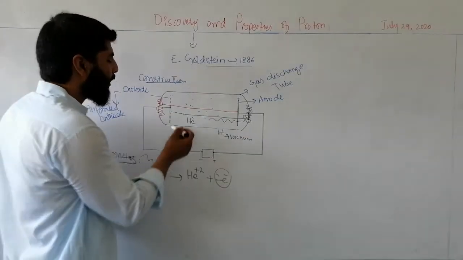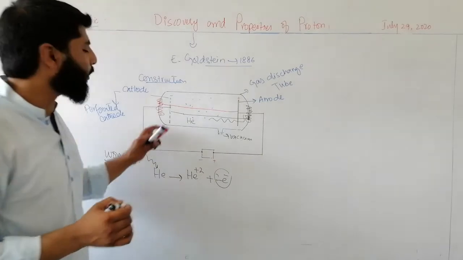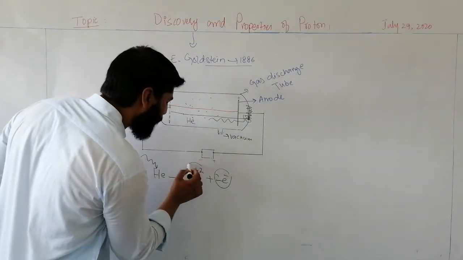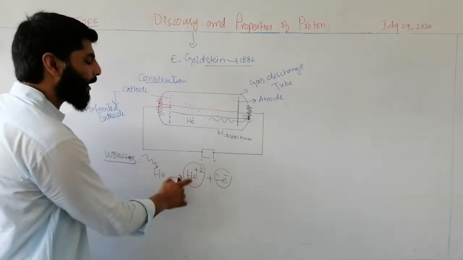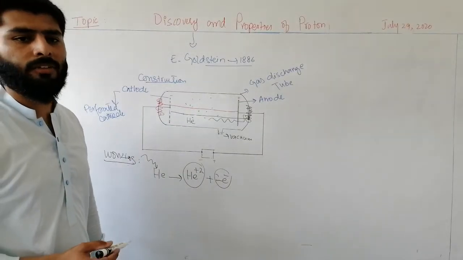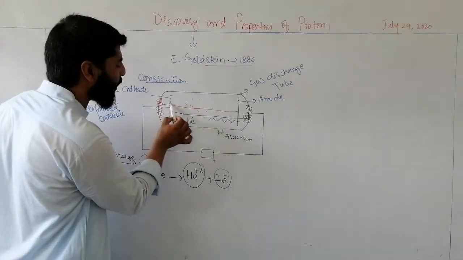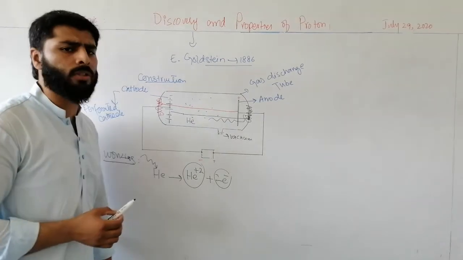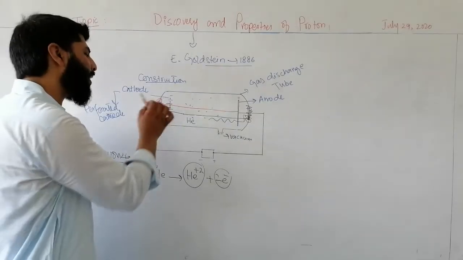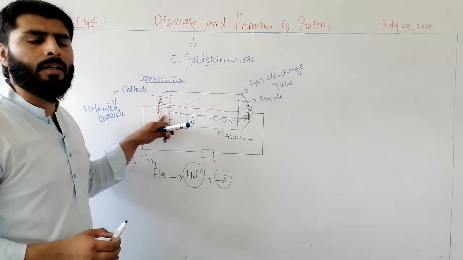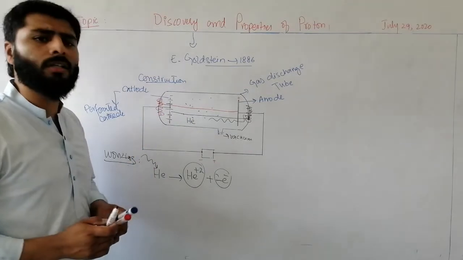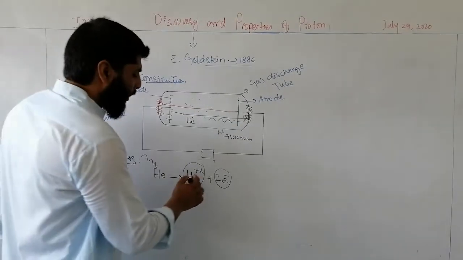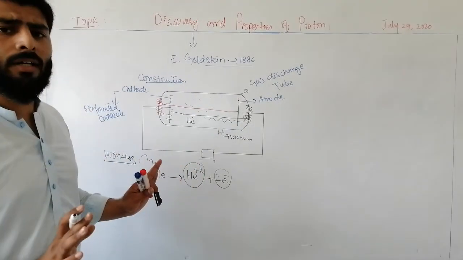But meanwhile, this other glow was also observed, and he concluded that it was produced by these positive particles which passed through the holes or perforations or canals of the perforated electrode. So he named them canal rays because they pass through the canals or holes of the cathode.